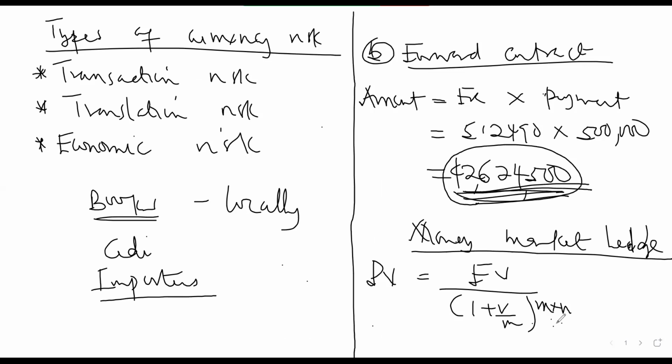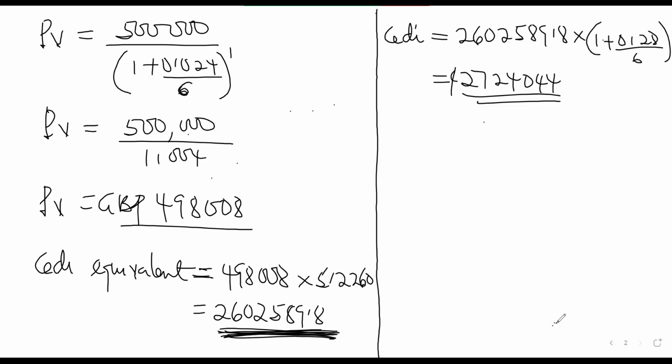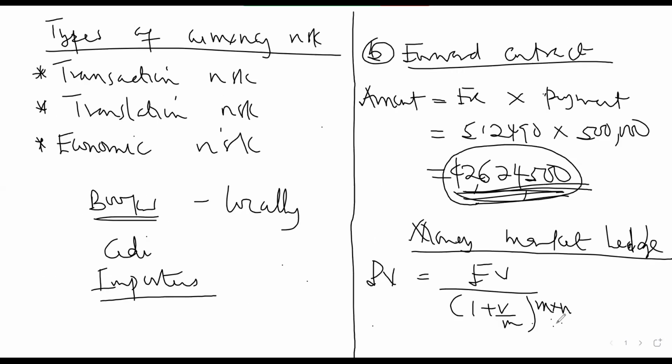If they're using a forward contract, they will be saving a cost of the difference. So you find the difference between them. So they will be saving this amount, 27 something something minus the 2,624,500.